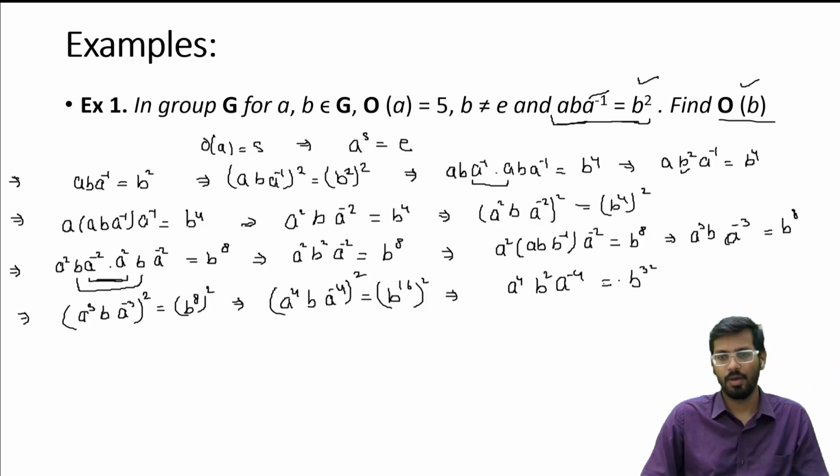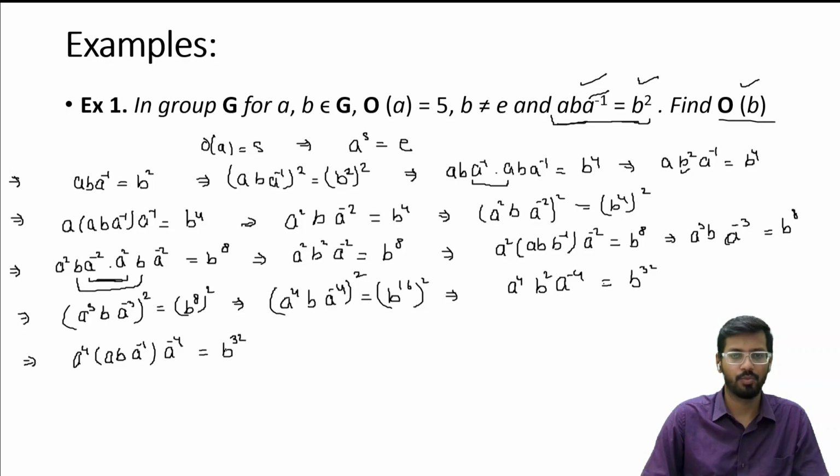Okay, and from this we can write, again put the a square b square value from this equation, put a raised to power 4 a b a inverse a raised to power -4 that is equal to b raised to power 32. Okay, from this we can write a raised to power 5 b a raised to power -5 that is equal to b raised to power 32.